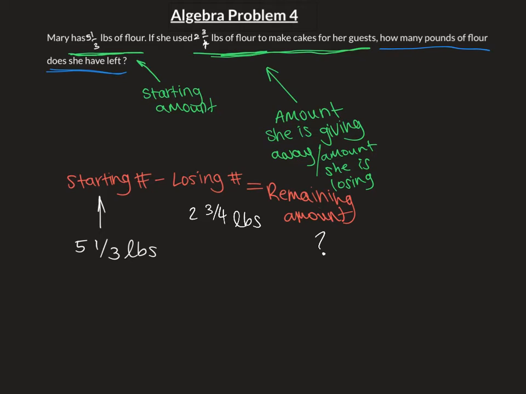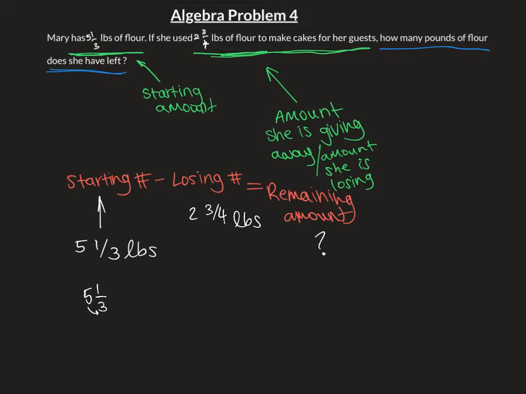What we have to do is make that into just one fraction, rather than split. So we have 5 1/3. The way we get rid of this is by taking the big number, which is our 5, and multiplying it by the denominator of our fraction.